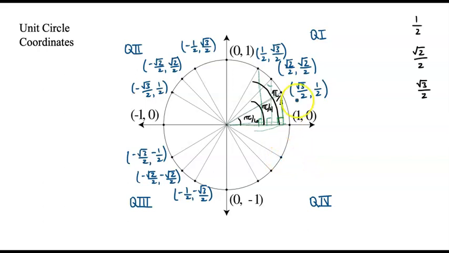And so this first point is going to be the same as this point, with the exception of our y value being negative, and so we're going to have root 3 over 2, negative 1/2, root 2 over 2, negative root 2 over 2, and this point right here is going to be positive 1/2, negative root 3 over 2.